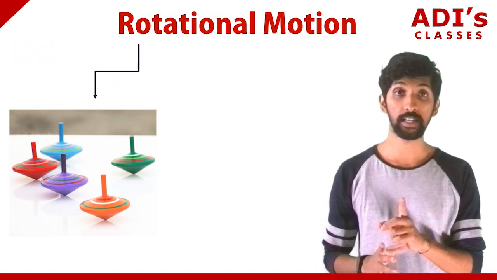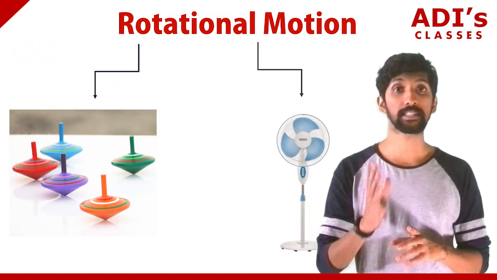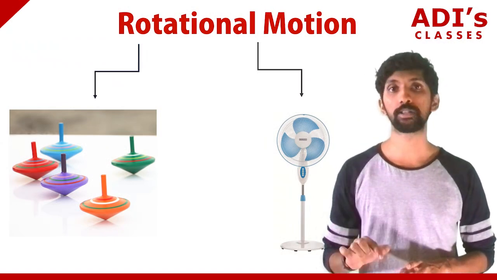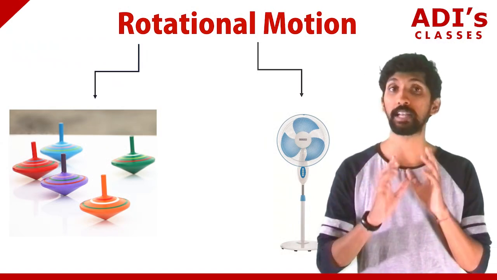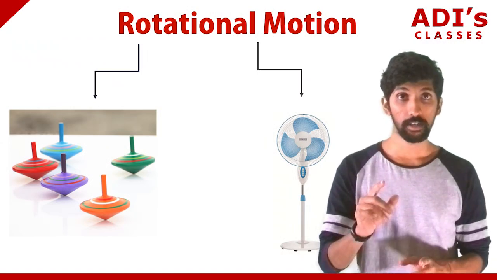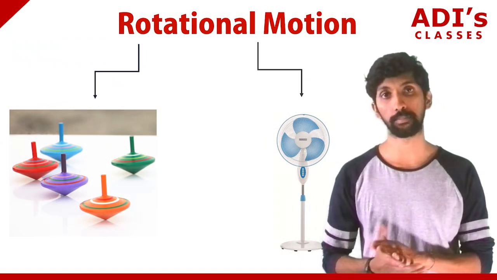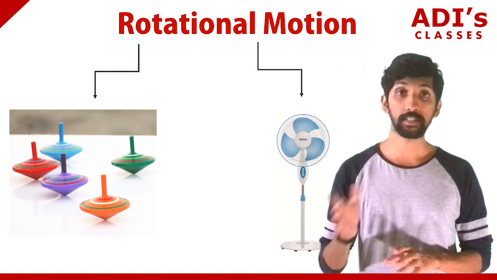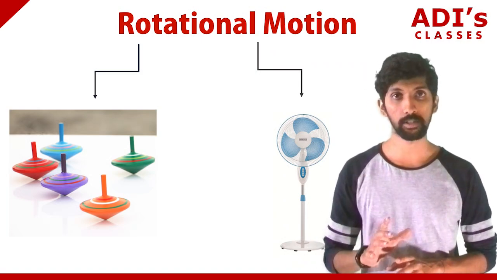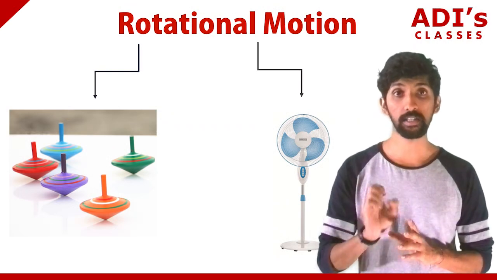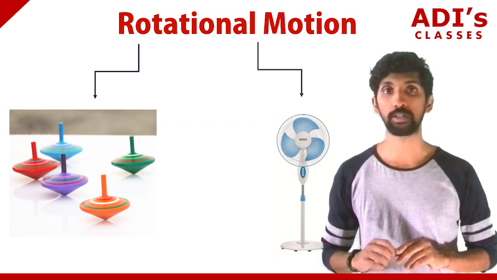Whereas a ceiling fan is an example where the axis was fixed, correct? So even this is a rotational motion, but without any fixed axis, and we have a fixed point. The point of contact is the fixed point. Another example for this type of rotational motion is a pedestal fan. In a pedestal fan, there are two rotational motions.